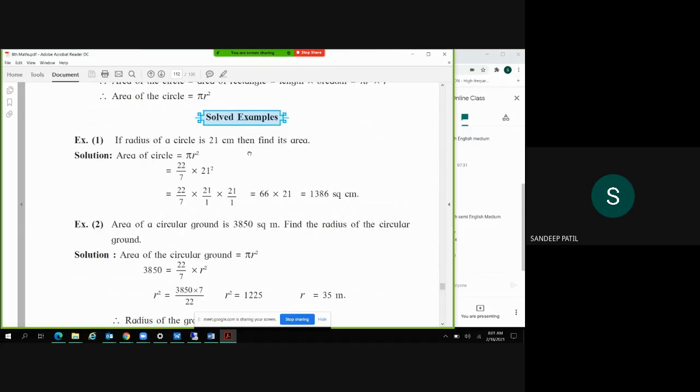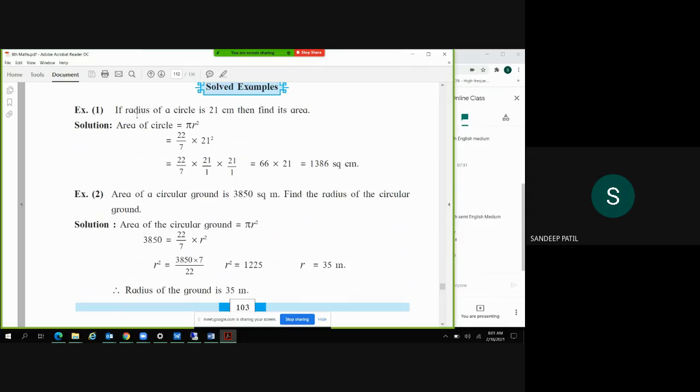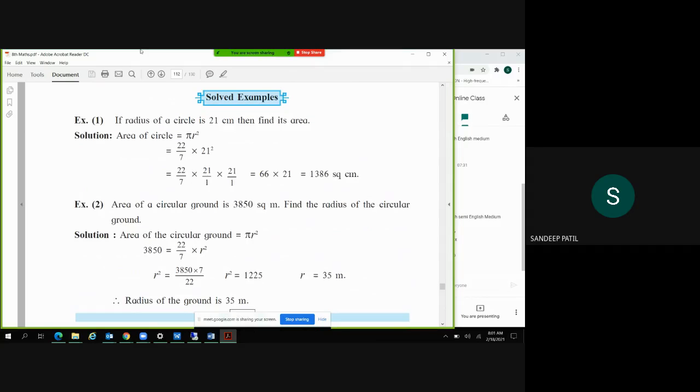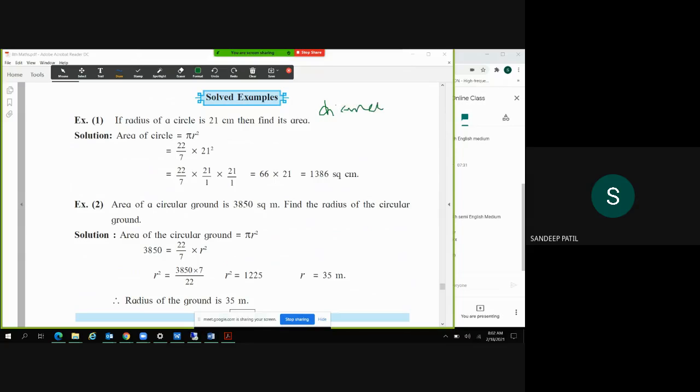So generally, where do we make mistakes? Sometimes in the exam they give the diameter, and they ask us to calculate the area.